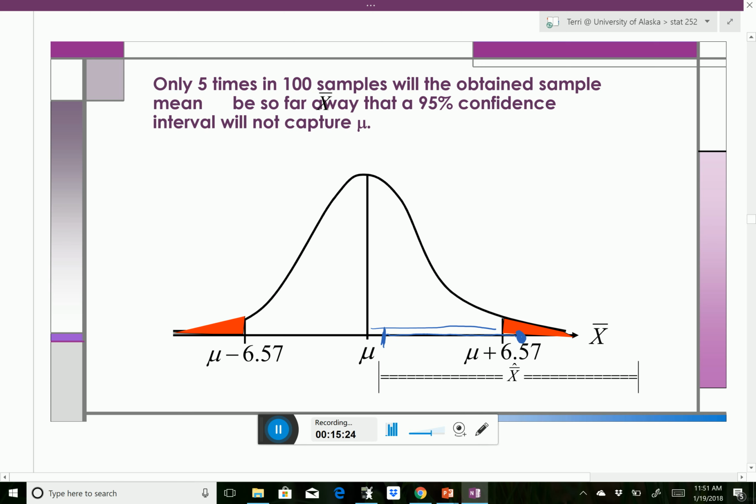So this is going to happen about 5 in 100 times, that I'm going to have my X bar and my confidence interval isn't going to catch the true mean. And you just have to be okay with that. Most of the time it is. 95% of the time it catches the true mean. Every once in a while, by random chance, you're outside of it.